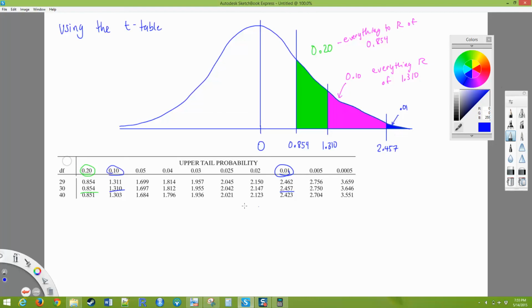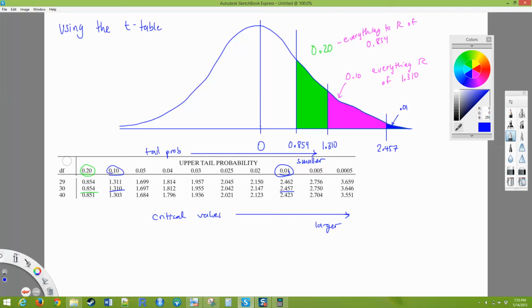Okay? So critical values get larger, but tail probabilities, as we go this way, get smaller. Does that make sense?